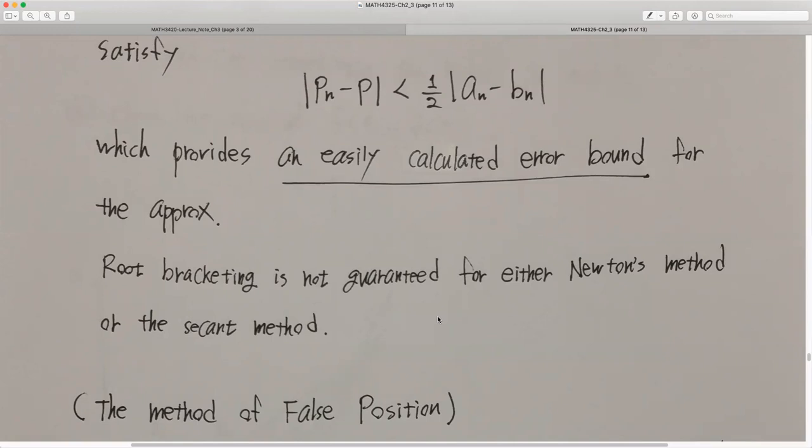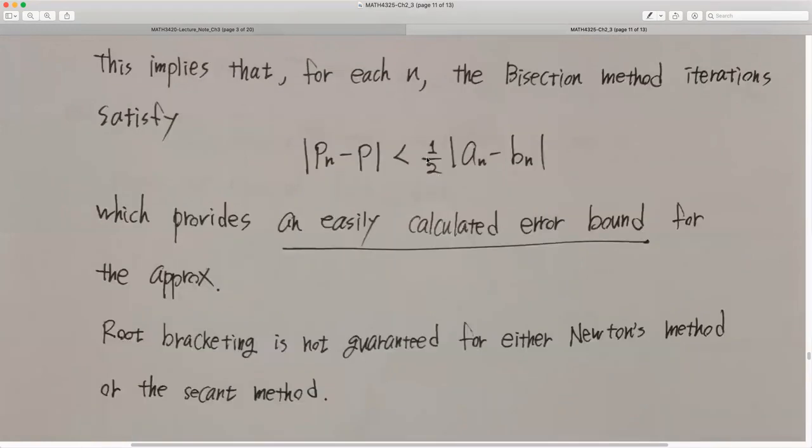Also, you see that in Newton's method f prime is involved, so that's a challenge to figure out the error estimate, the upper bound of the absolute error.